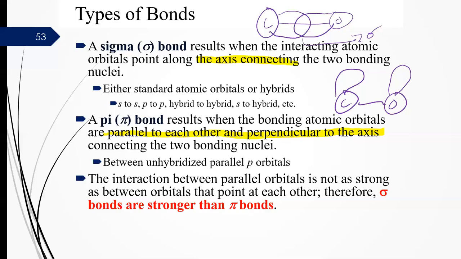And so that overlap that forms between them is going to be our pi bond. The interaction between parallel orbitals is not as strong, and so sigma bonds are always going to be stronger than our pi bonds.